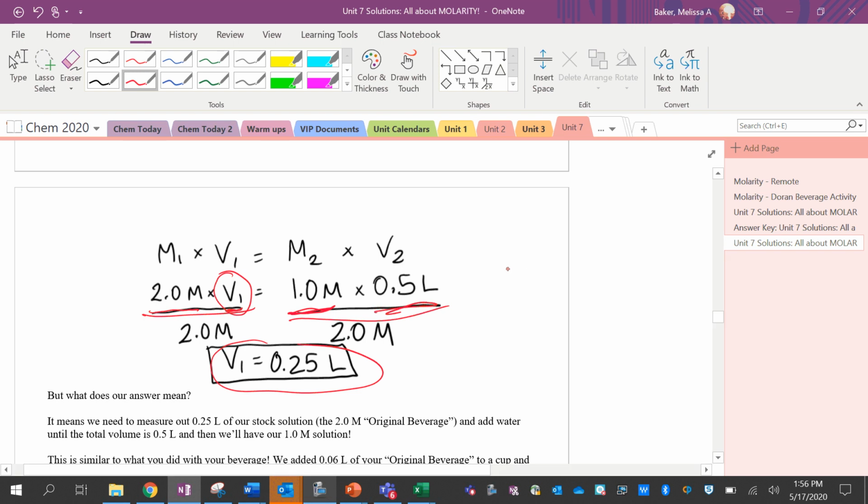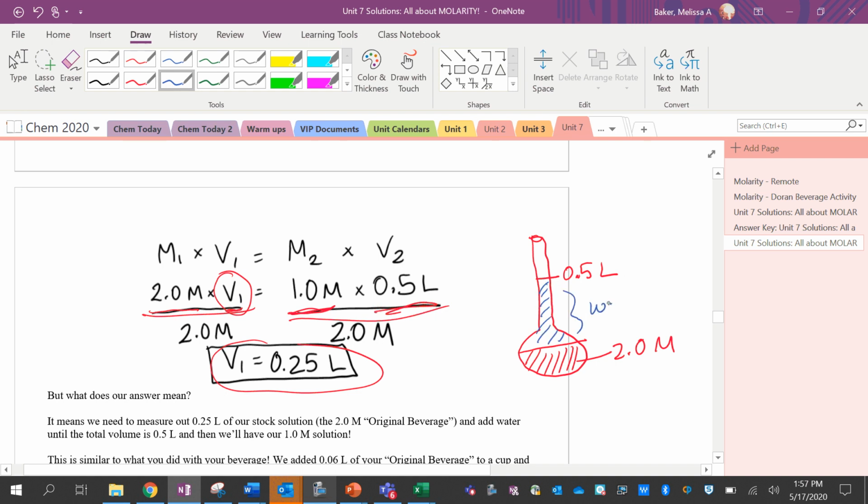So in other words, we would need to have our volumetric flask. Oops, that looks like an Erlenmeyer flask. Let me try again. Okay, volumetric flasks are the ones with the long neck. Let's say this is the 0.5 liter line. You would fill it halfway with your stock solution, so this is the 2.0 molar solution. And you would fill it the rest of the way with water.